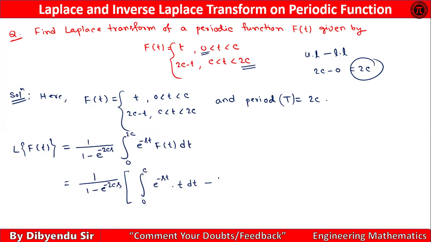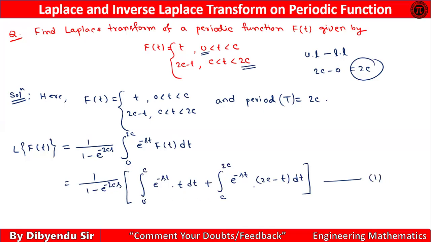Plus integration c to 2c e to the power minus st, and in c to 2c you can see the value of the function is 2c minus t, so 2c minus t dt. Okay, now you have to integrate this. You have to apply integration by parts. This is equation number 1.